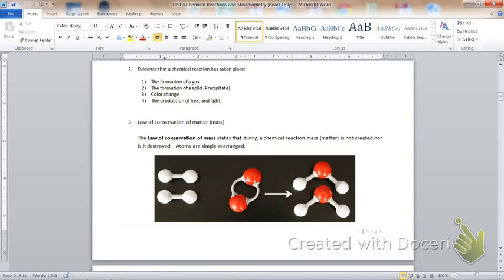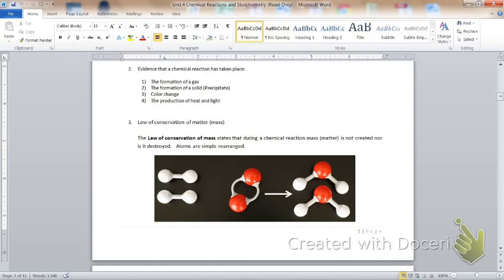And these are four types of evidence that can occur that you need to be aware of and learn that would indicate that a reaction is occurring. So one is that if you see the formation of a gas, which is usually indicated by bubbles. So if you see bubbles forming during the reaction, a good explanation is that a gas is being formed.